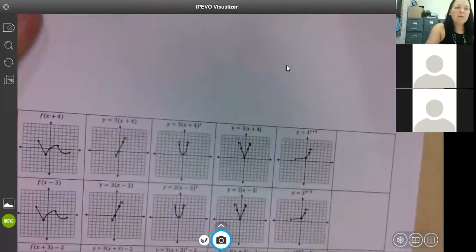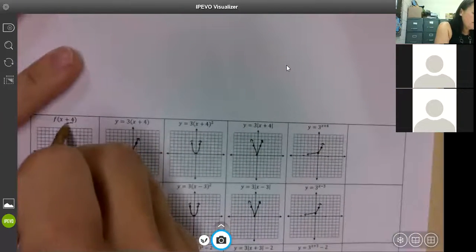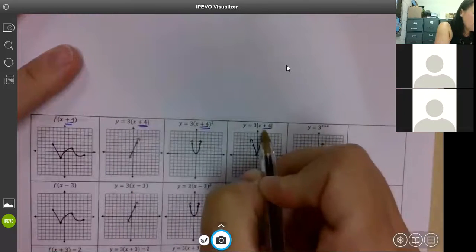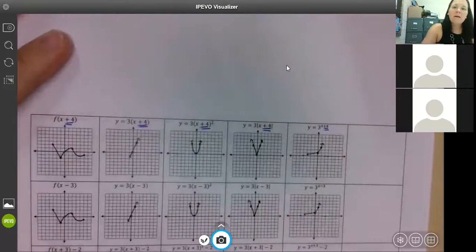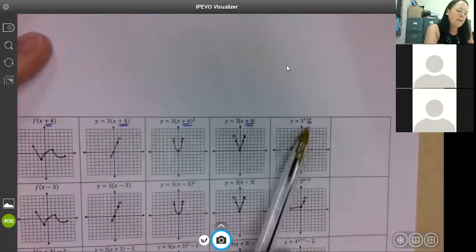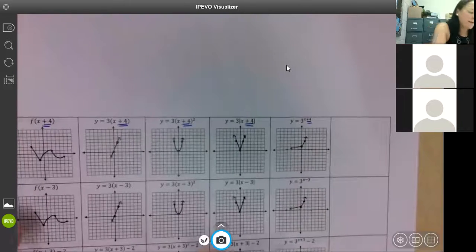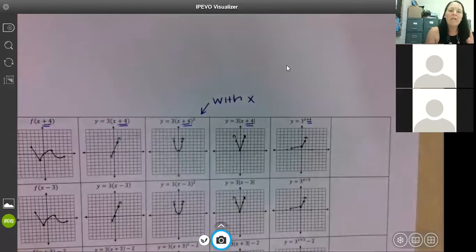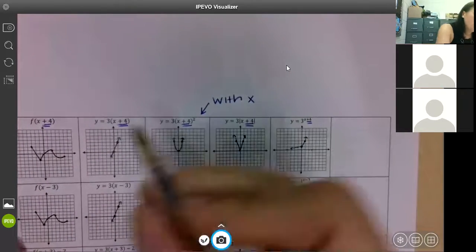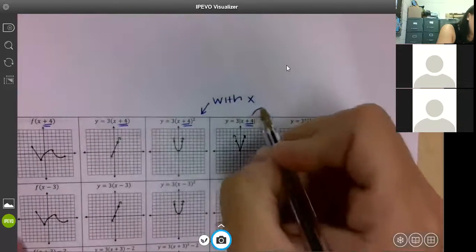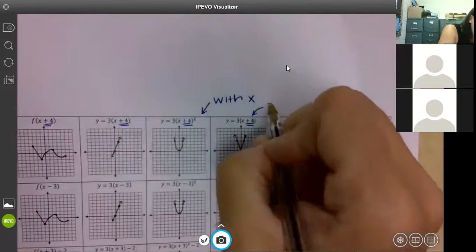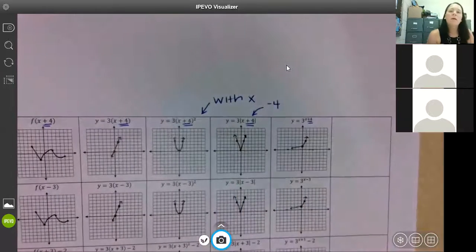So then we're going to look at these. And these are a little different because now where is this +4 at? Inside the parentheses, or in this case, it's with the X. So all of these are with X. When it's with that X, you're going to pull it outside, treat it like it is parentheses. You're going to pull it out and make it a -4.